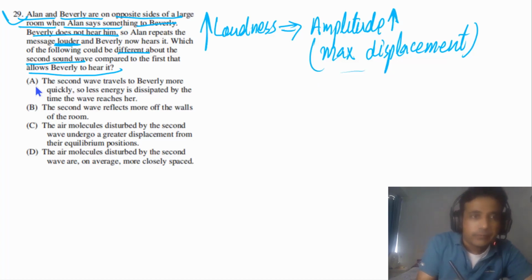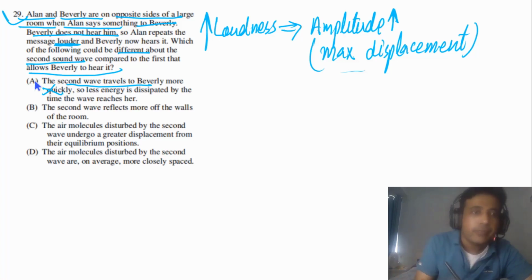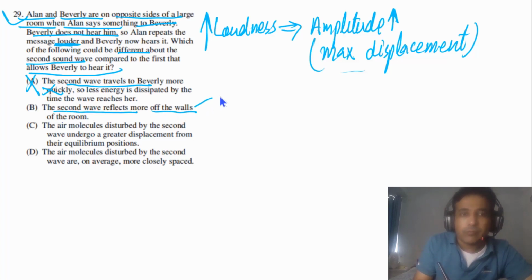Now if you look at the given options, for option A, it is given to us the second wave travels to his friend more quickly, meaning speed is greater. Speed depends on the medium, and it also depends on the type of wave. If the type of wave is the same and the medium is the same, speed is the same. So this is incorrect. The second wave reflects more off the walls. In this case, the wall material is not changing.